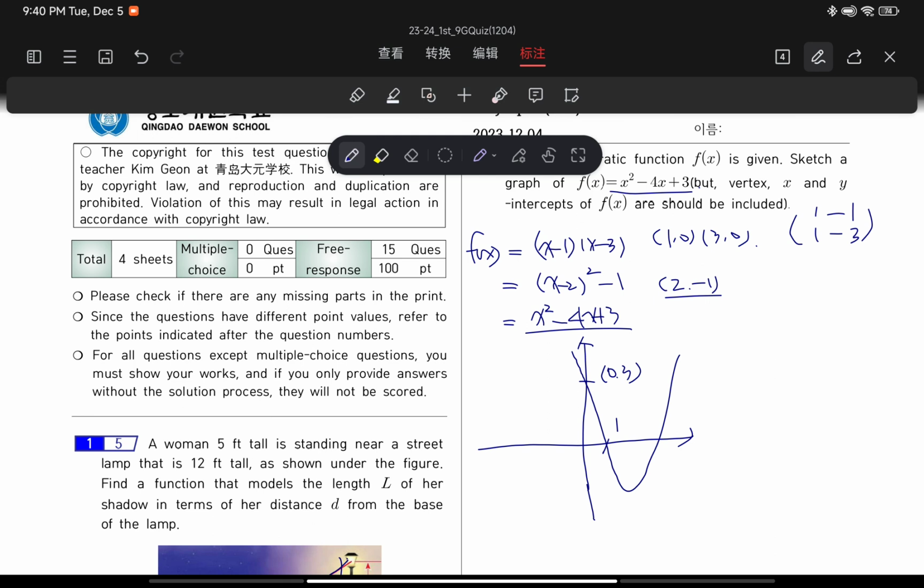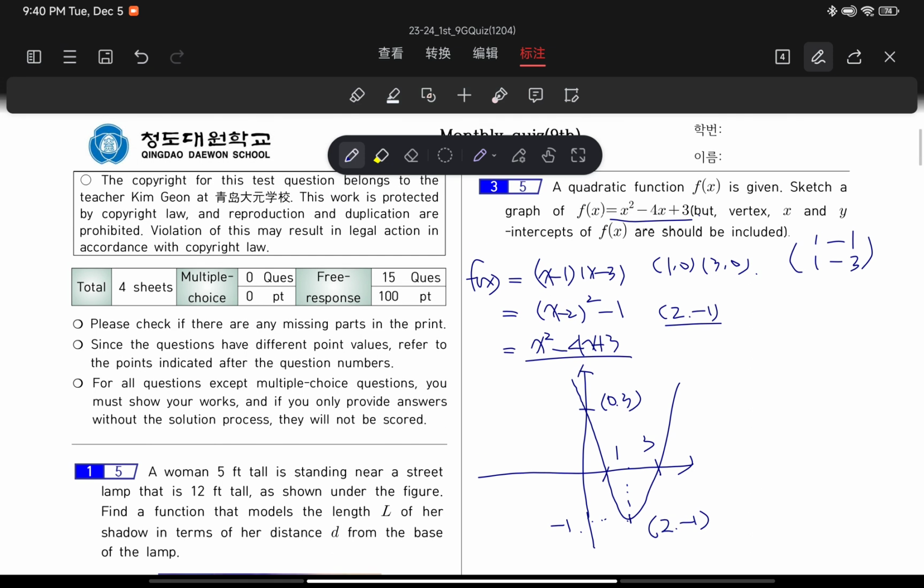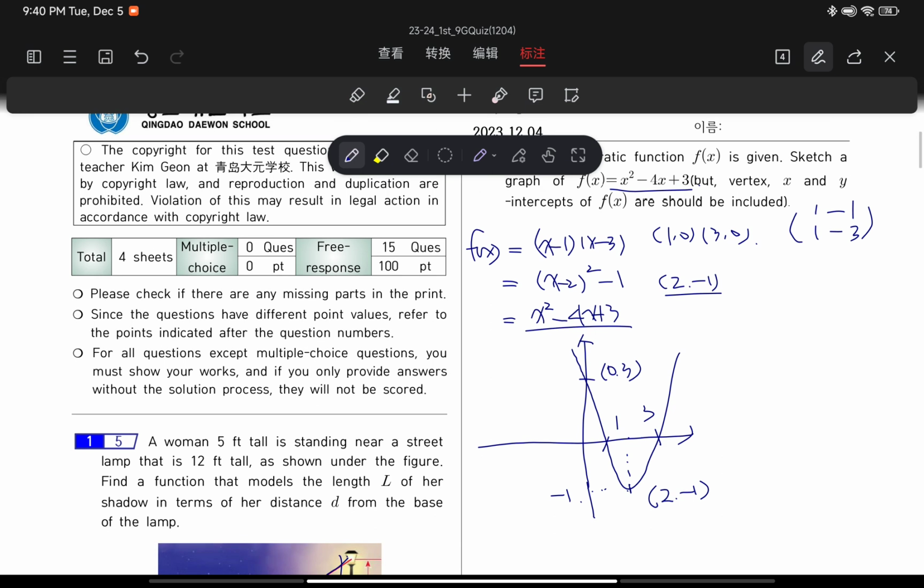Here's 1 and here's 3, and here is 2, minus 1. You should check the conditions. You should include the vertex and the x and y intercepts. So you should include all these 4 points.